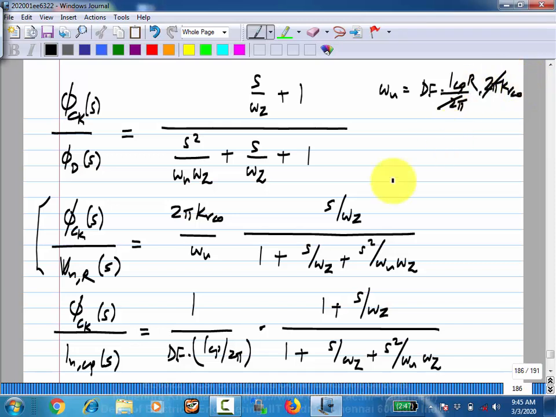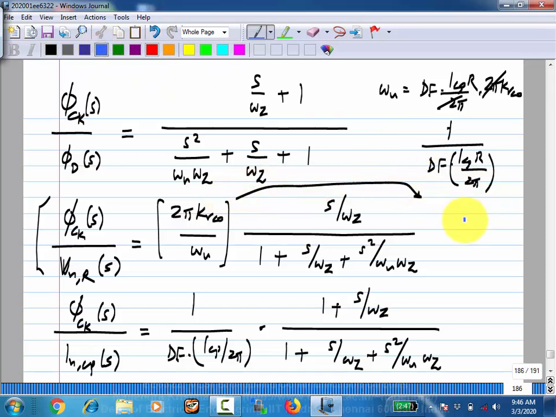So if I use that, this factor alternatively can be written as 1 by the transition density times ICPR by 2 pi. Is this okay?